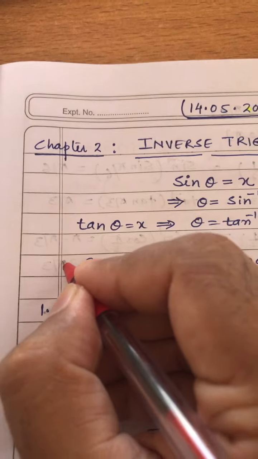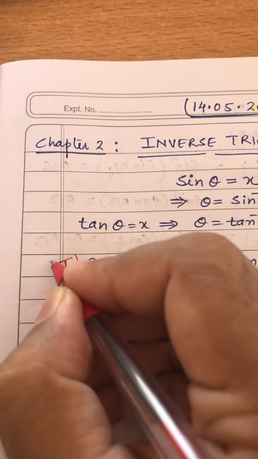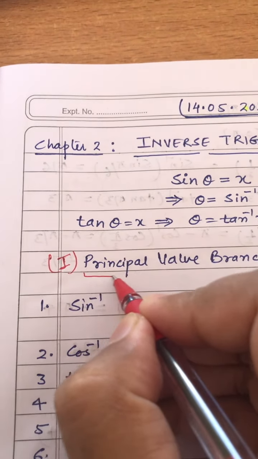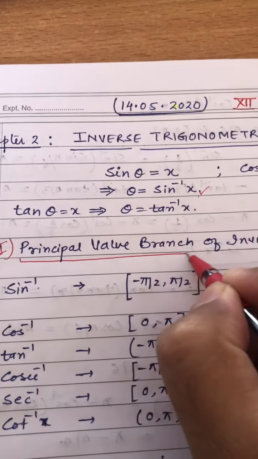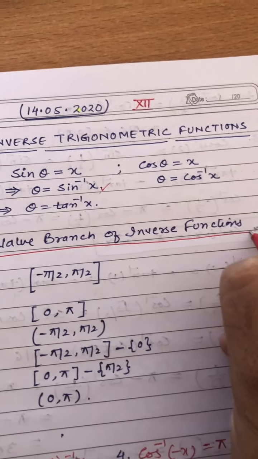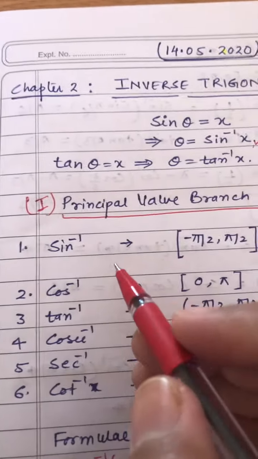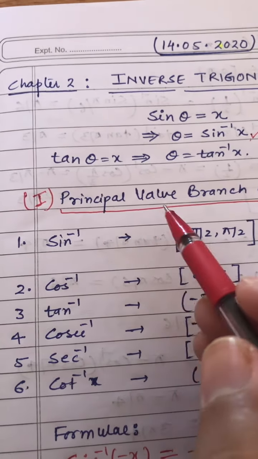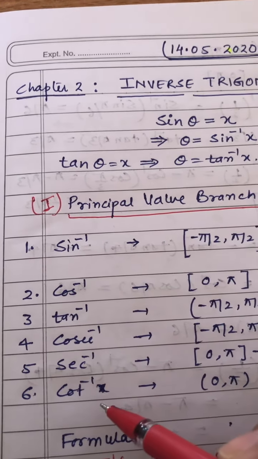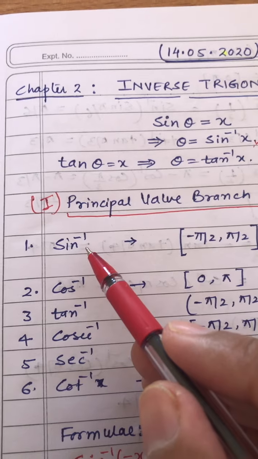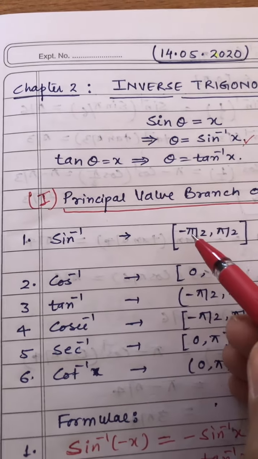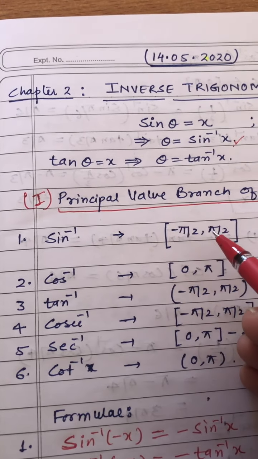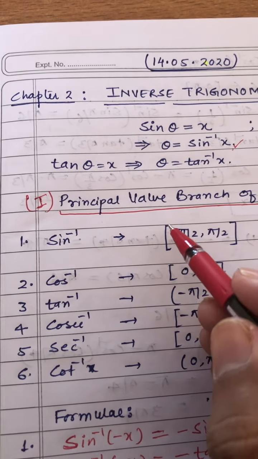Now the first exercise is based on the principal value branch of inverse functions. For this you have to learn one chart, the principal value branches of the various inverse trigonometric functions. For example, sine inverse has principal branch minus pi by 2 to plus pi by 2, closed bracket.